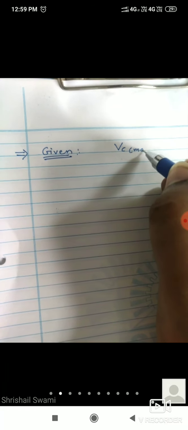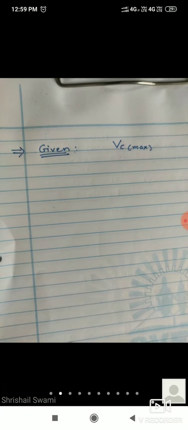VC max, the voltage across the capacitor, is given. VC max value is 500 volt, that is the value of voltage at resonance. Now next, bandwidth is given as 400 radian per second.